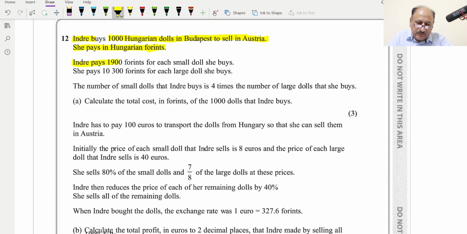Inder pays 1900 forints for each small doll she buys. She pays this much forints for each large doll she buys. The number of small dolls that Inder buys is 4 times the number of large dolls that she buys. So for part A, calculate the total cost in forints of the 1000 dolls that Inder buys.